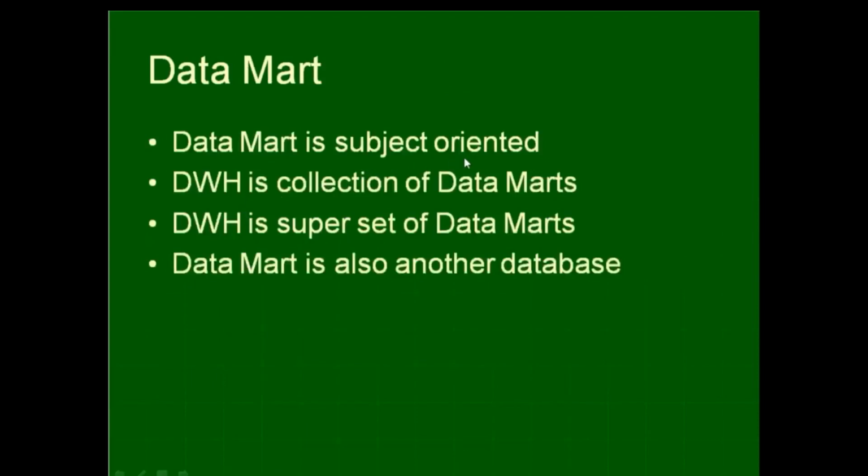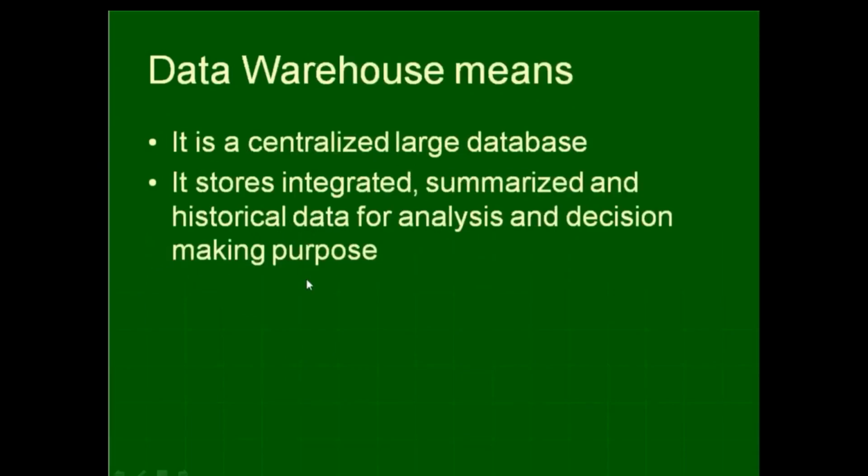A data mart is a subject-oriented slice, and a data warehouse is a collection of data marts. A data warehouse is a superset of the data marts, and a data mart is also another database. These are the points we discussed. Now, what does a data warehouse mean? It is a large database, because to store data you need RDBMS software.